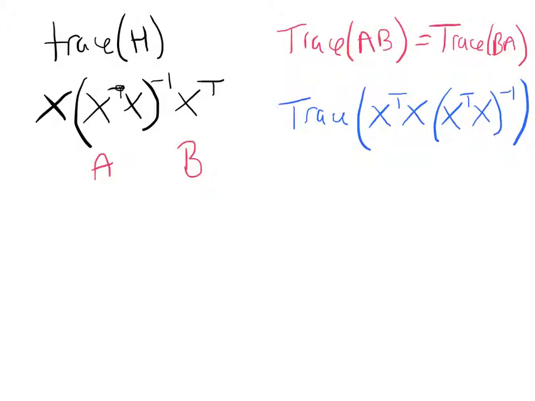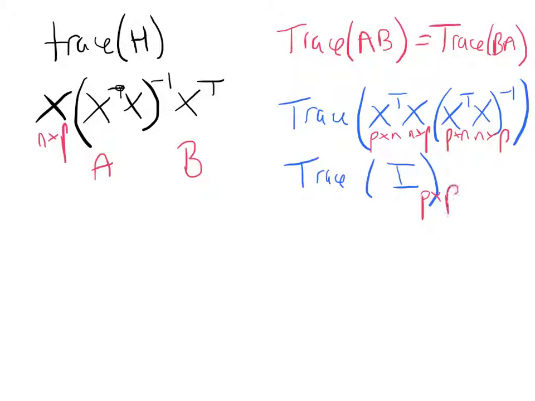Now we can see instantly that this reduces to an identity matrix. So all we need to know is the order of that identity matrix, and we know its trace. Well, we said that in our notation X was an n by p matrix, so X transpose is p by n, and X is n by p, so this identity matrix that we've formed is a p by p identity matrix.